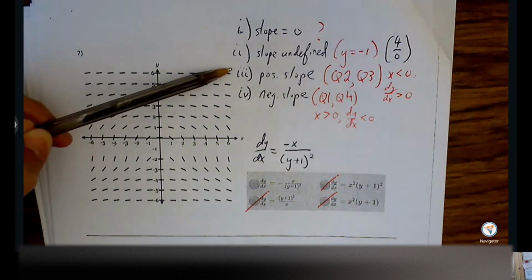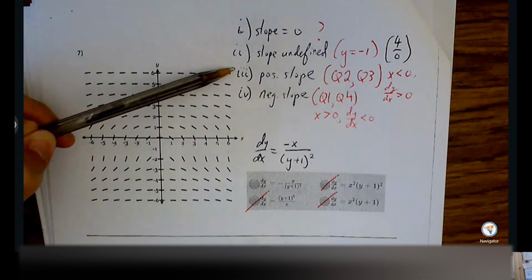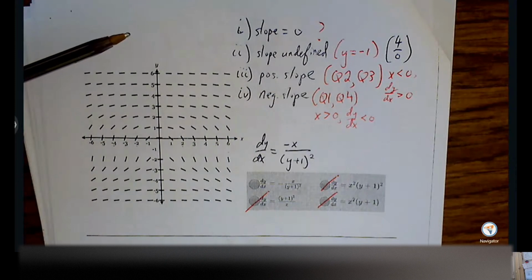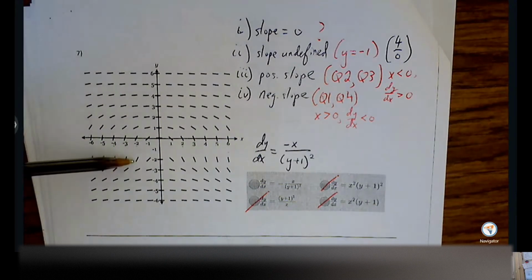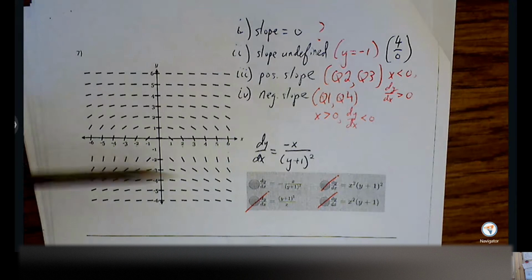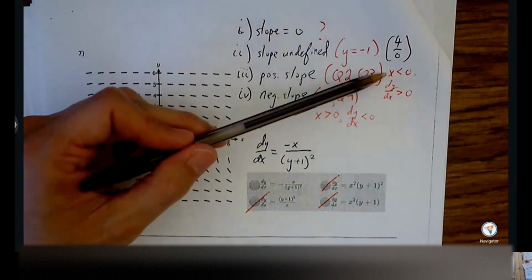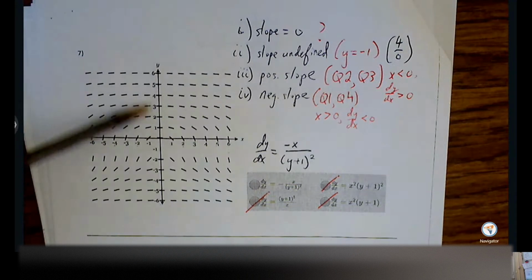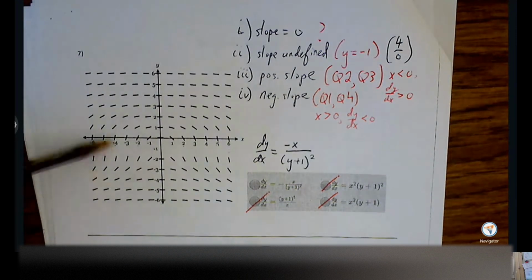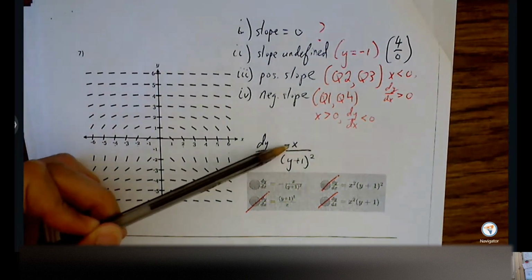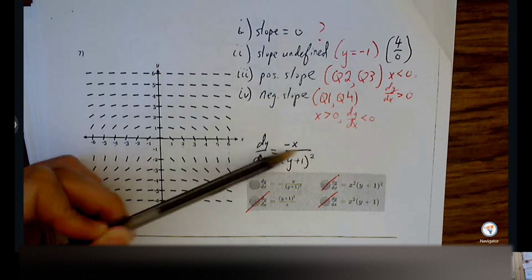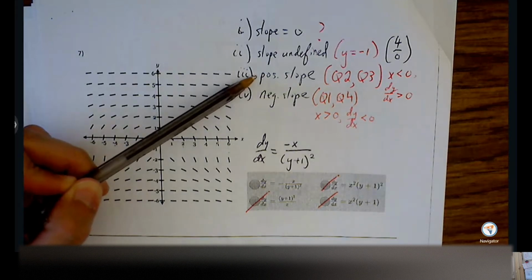Positive slope in the second and third quadrant. Let's see. Negative. Yeah, that's right, when x is less than 0. When we get negative x values, that negative is getting canceled out with this negative, and it's forcing a positive out of those regions.